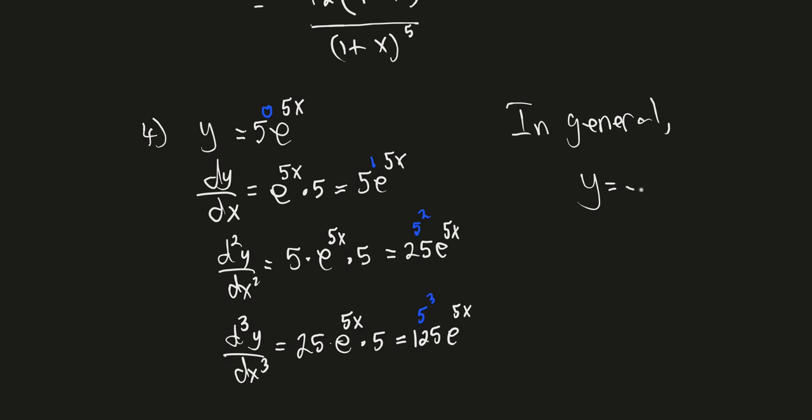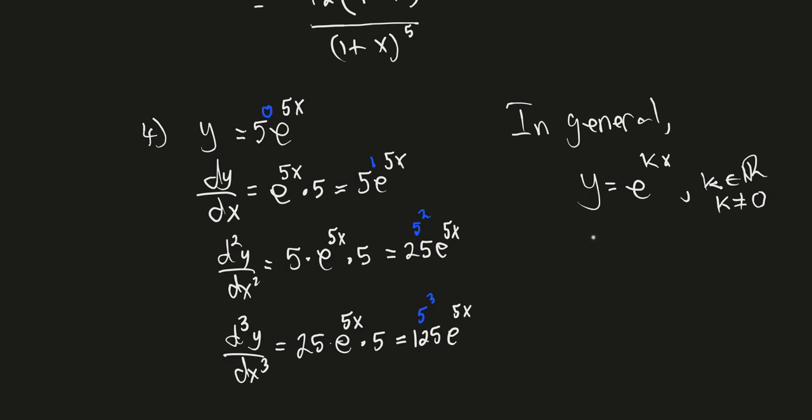So if you have e to the kx, and let's just assume that k is a constant, a real number, and just so that we don't get something trivial, let's assume that k is not equal to 0. So any other constant, and it even works if k is equal to 1. If k is equal to 1, then we're back to the very basic exponential rule that we established.